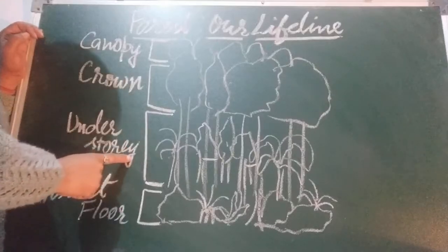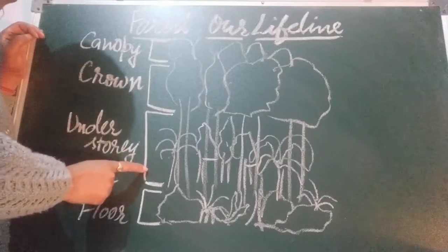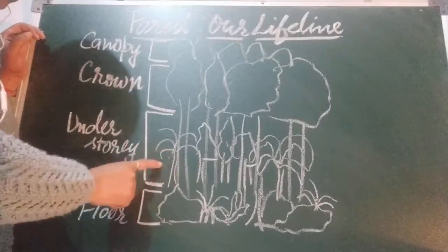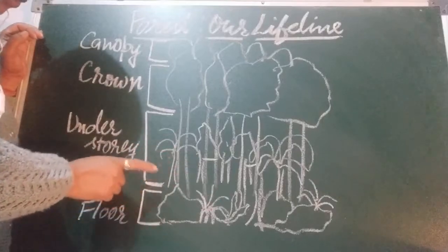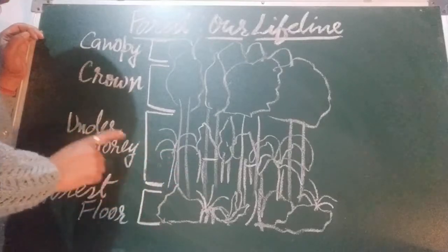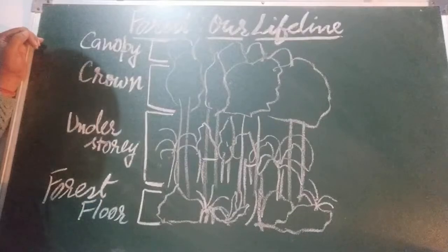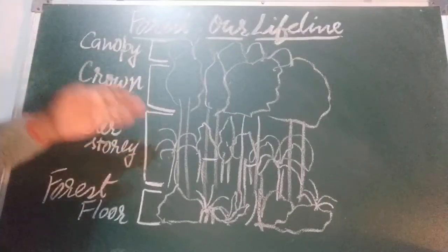The lowest layer is formed of herbs, for example orchids, palms, and ferns, which grow in this region. A large variety of insects, birds, snakes, lizards, and carnivores, predators such as jaguars, pythons, and leopards, live here.